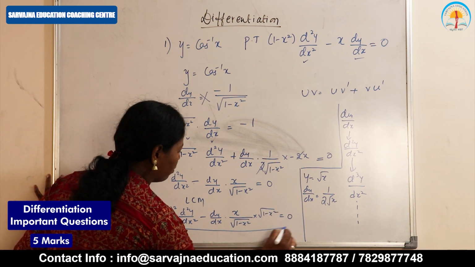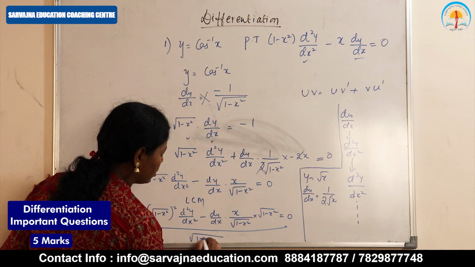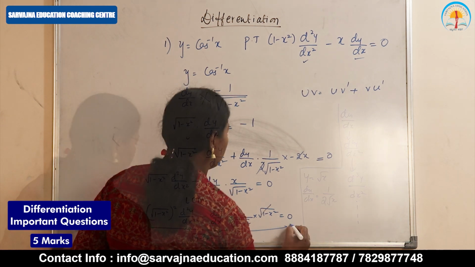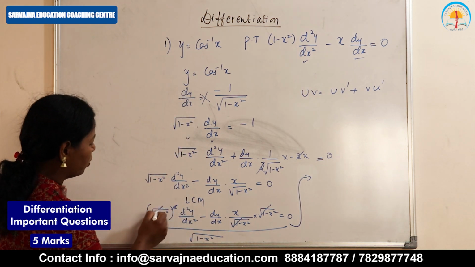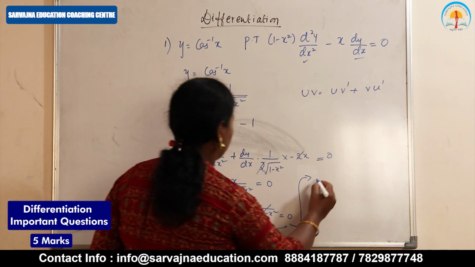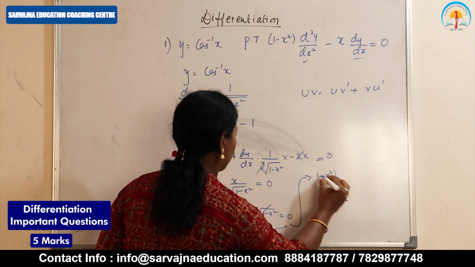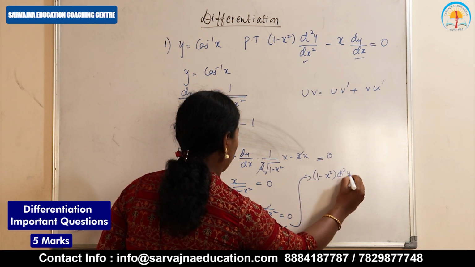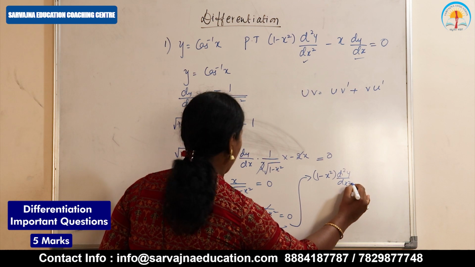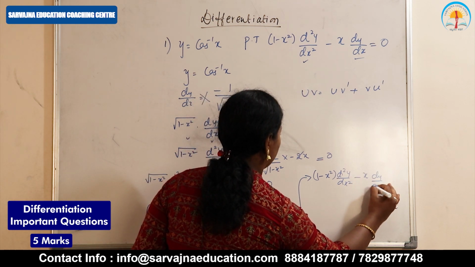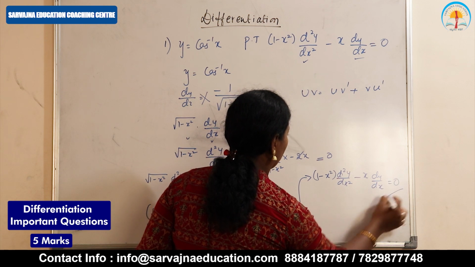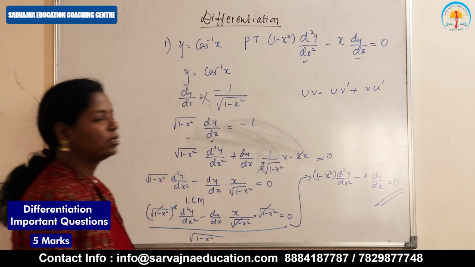The square root gets cancelled. The final answer is 1 minus x square d square y by dx square minus x dy by dx is equal to 0. See, I got the answer.